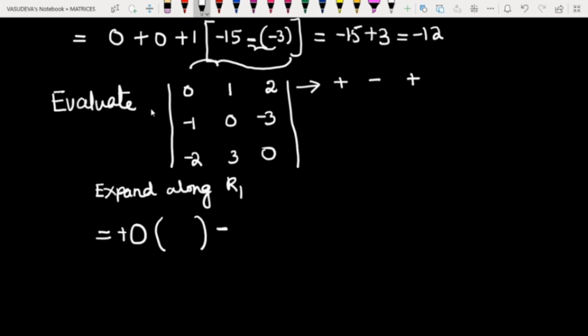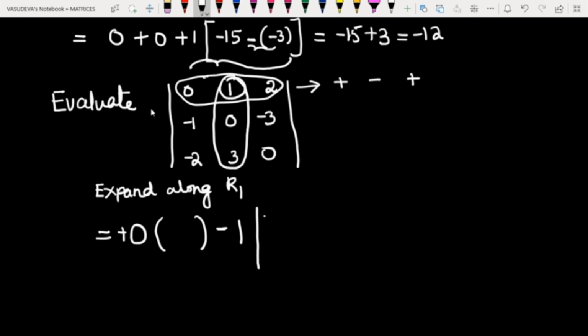Now minus, and the second element in the first row is 1, therefore it is -1 into determinant of, since 1 lies in the first row and the second column. So writing the determinant of those elements: -1, -3, -2, 0.